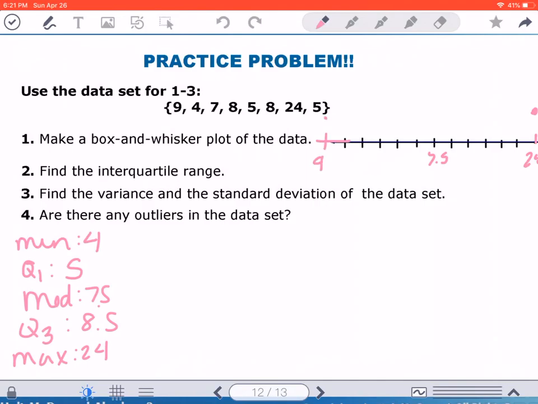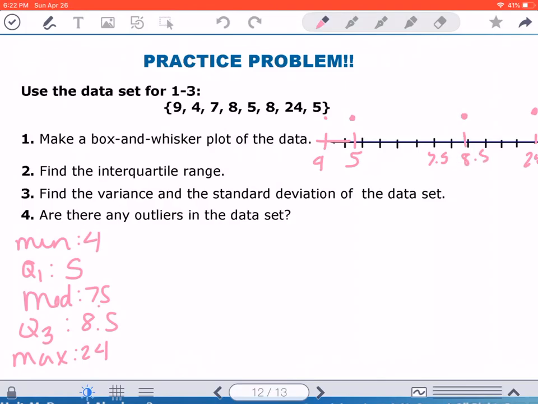I can see that my Q1 is located at 5, so maybe somewhere around here-ish. My Q3 is located at 8.5, so maybe somewhere around here-ish.